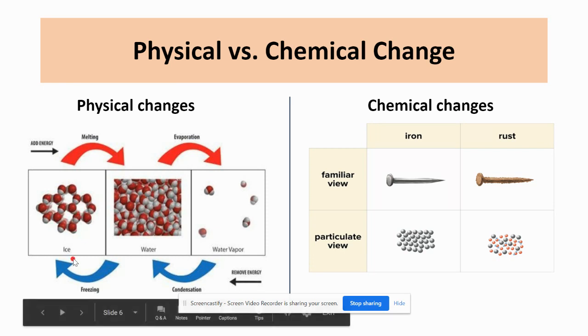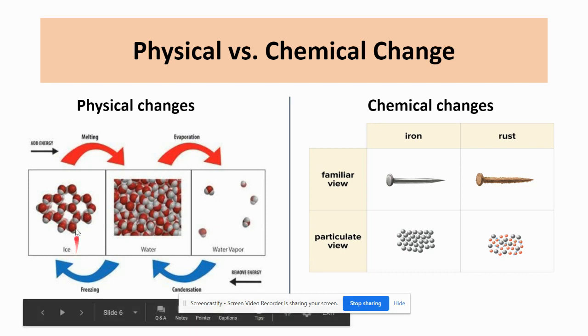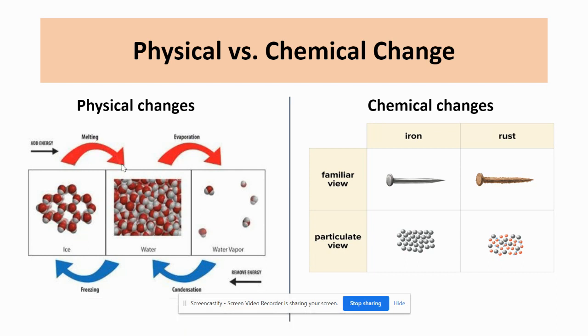You know that ice is solid water, and we all know that water is H2O. Now, if you heat up ice and it melts into water, water is still water. H2O is still H2O. It's just changing state of matter. The water molecules just kind of separate apart, but they stay intact.